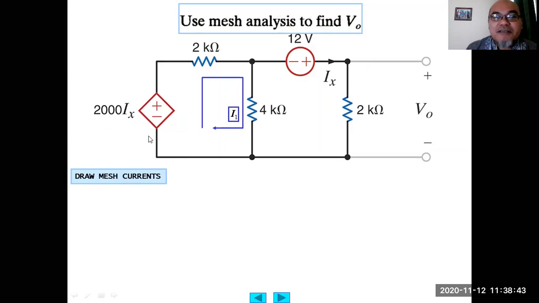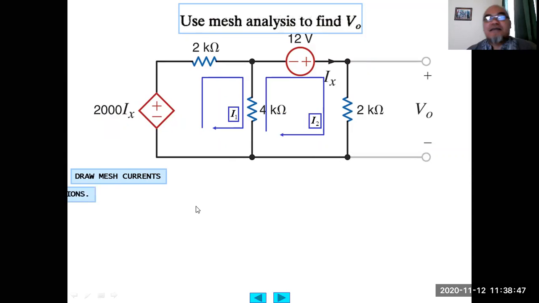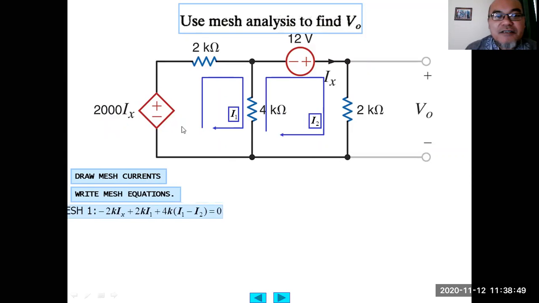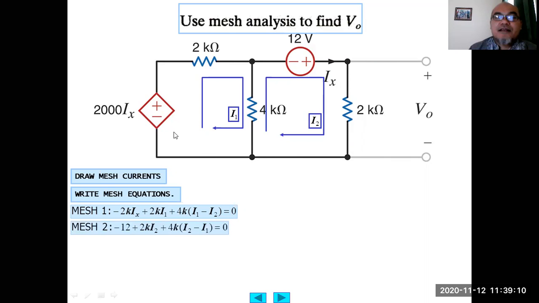First we draw the mesh current, I1 in the first mesh, and I2 in the second mesh. Then we write the mesh equations. For mesh 1: negative 2 kilo Ix, because it is a voltage increase, the value of the voltage, plus 2 kilo ohm times I1, plus 4 kilo times (I1 minus I2), the current flowing through this 4 kilo ohm resistor.